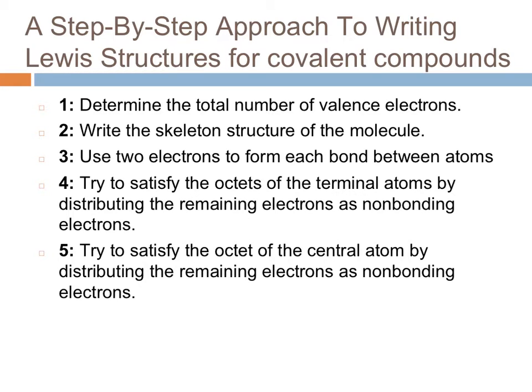Then we want to start placing electrons, and we're going to first use 2 electrons to form each bond between atoms, and then we are going to try and satisfy the octets of the atoms on the outside by distributing the remaining electrons as non-bonding electrons. And then once we've done that, we're going to try to satisfy the octet of the central atom by distributing the remaining electrons as non-bonding.